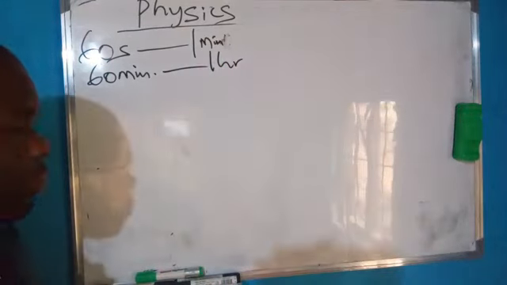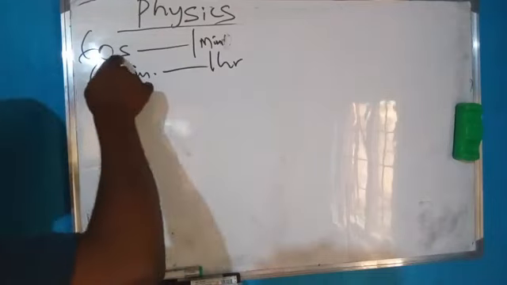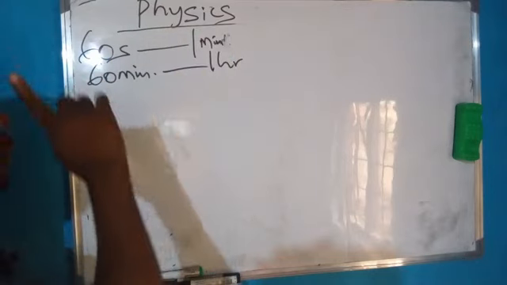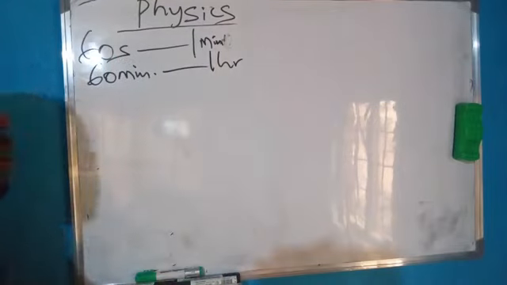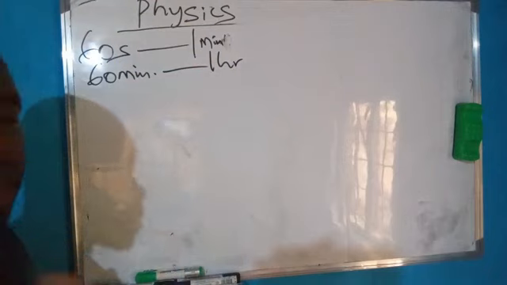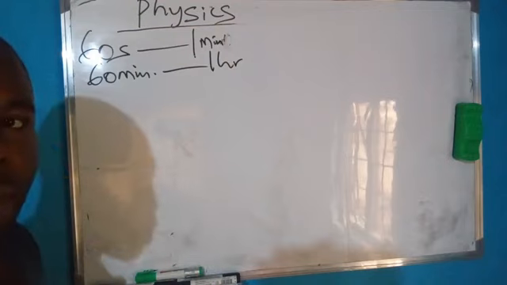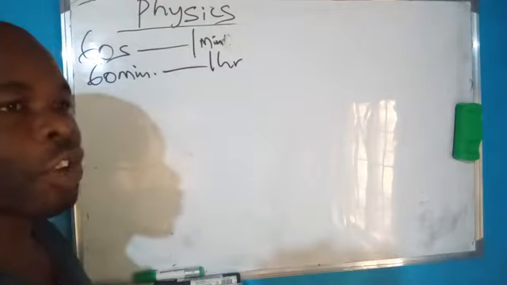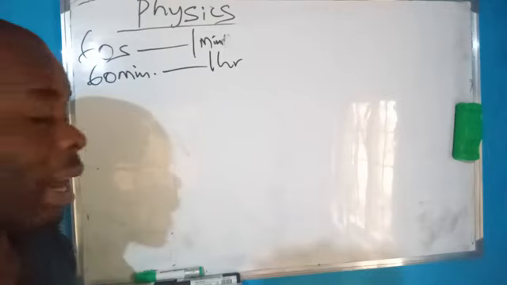So now, as you have seen on the board, if you want to convert from second to minute, the first thing to consider is 60 seconds give us 1 minute. If you want to convert from minute to hour, the first thing to consider is that 60 minutes will give you 1 hour. So that whatever you are given, then you do your calculation very accurately.